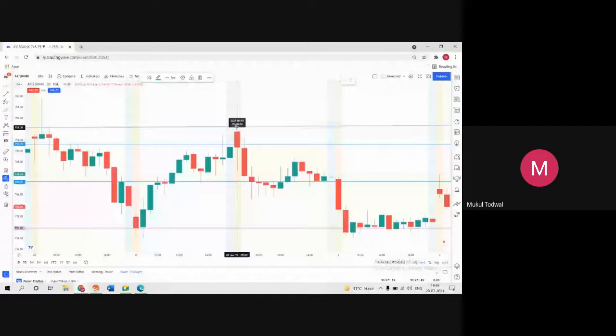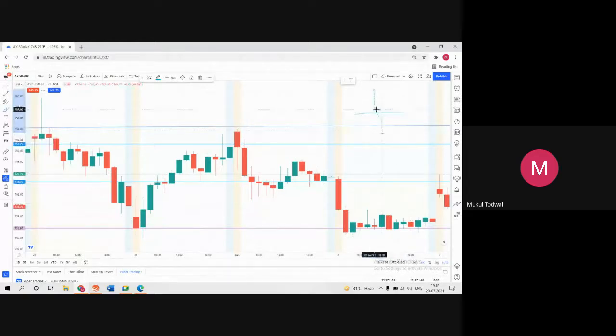What was the characteristic of an inverted hammer? The trend should be a downward trend, followed like a green red candle, followed by a green doji type candle, then a green candle, and the doji type candle should be like this.